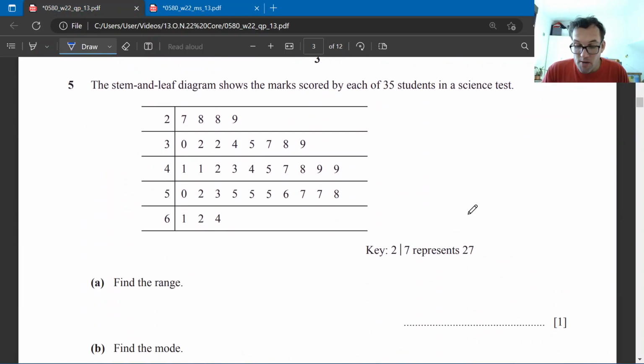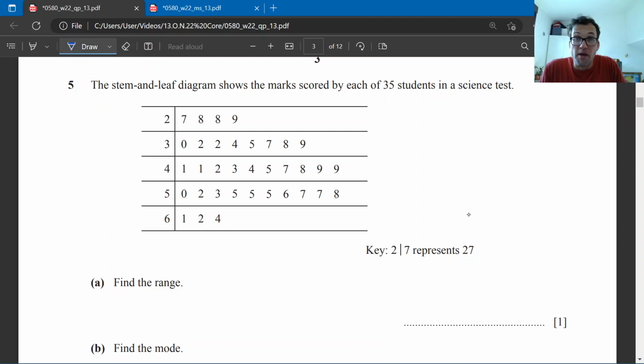Stem and leaf diagrams, about 35 students and what they got in the science test. The highest score there is 64, that's the top student. Lowest score 27, the one that didn't study. So find the range.